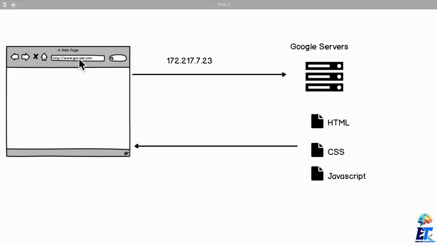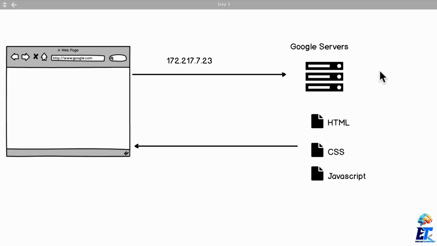So what we do now with google.com, we know this IP address, the browser sends off another request to the Google servers, and it knows where the Google servers are because we have this address. So we go seek it out, and you can think of servers as computers essentially. My laptop could be a server, your computer could be a server.